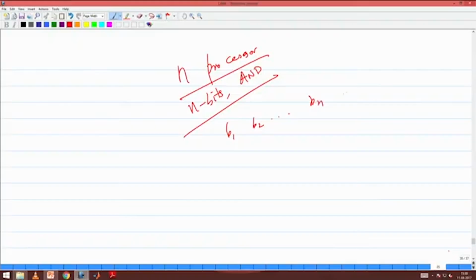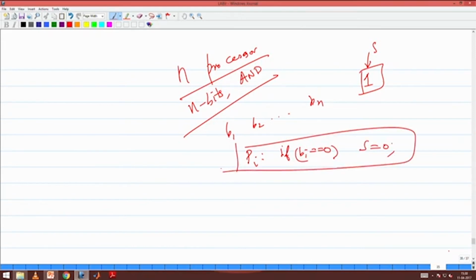AND of these bits. So let me say B1, B2 to Bn, and I have one bit called S. Initially I will make S as 1. Each Pi will see if Bi is equal to 0, then S is equal to 0.